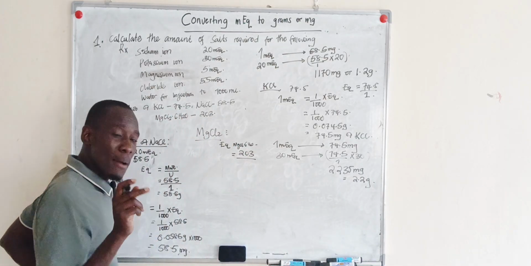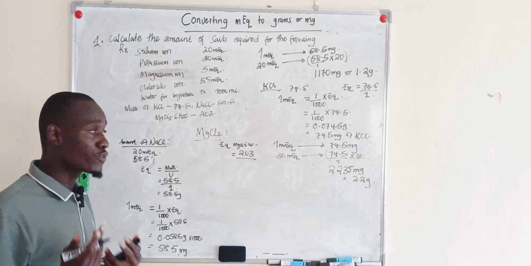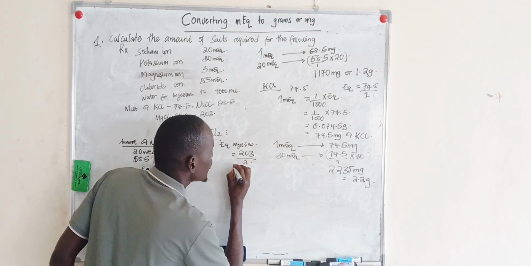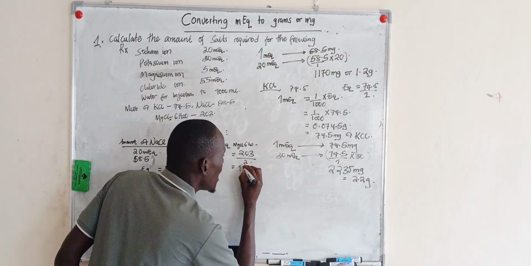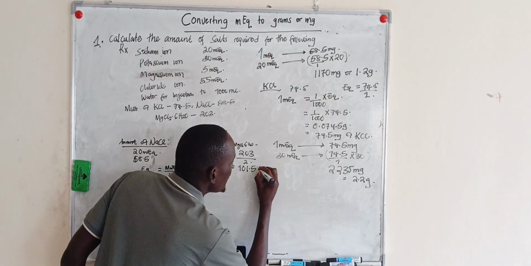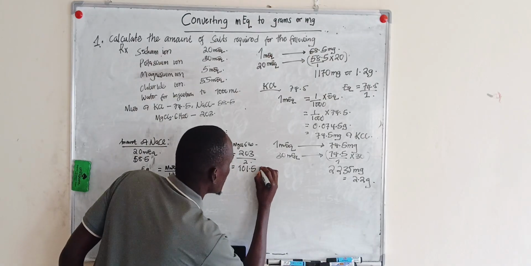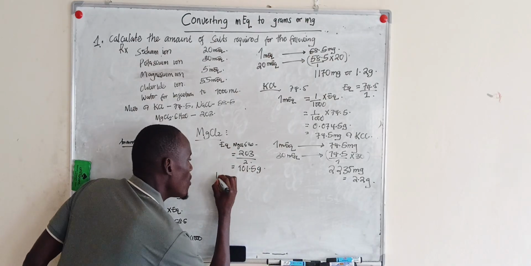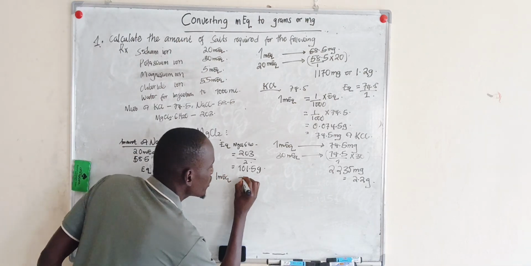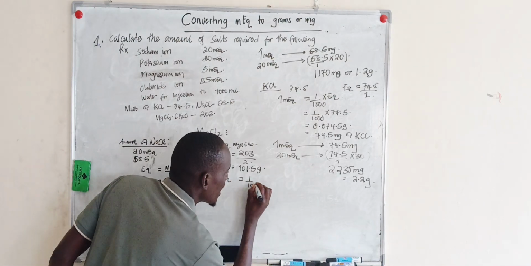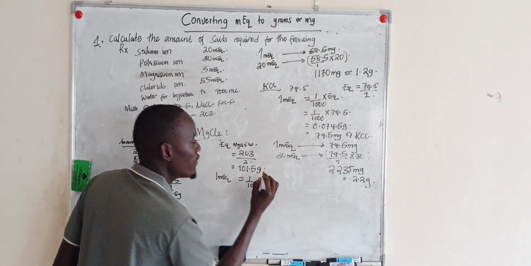But remember, magnesium has a valence of 2. So we are going to divide this by 2, and when we divide, we shall get 101.5 grams.